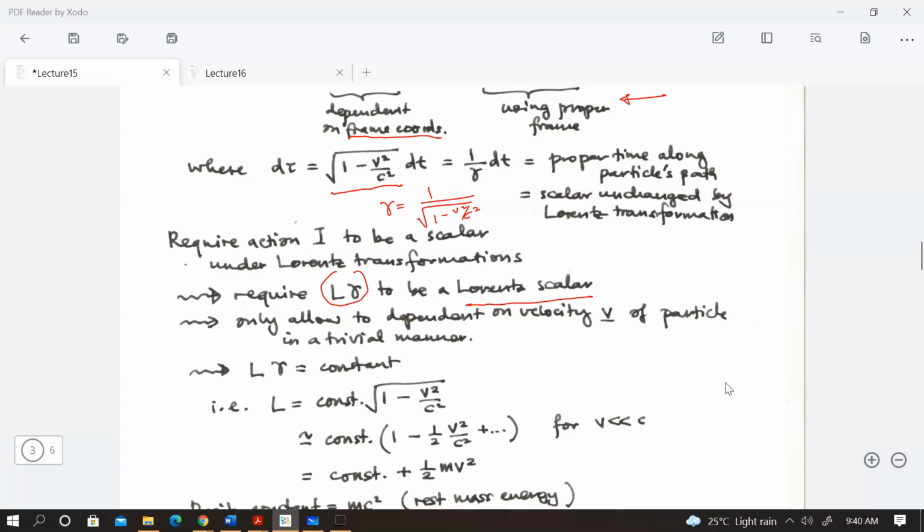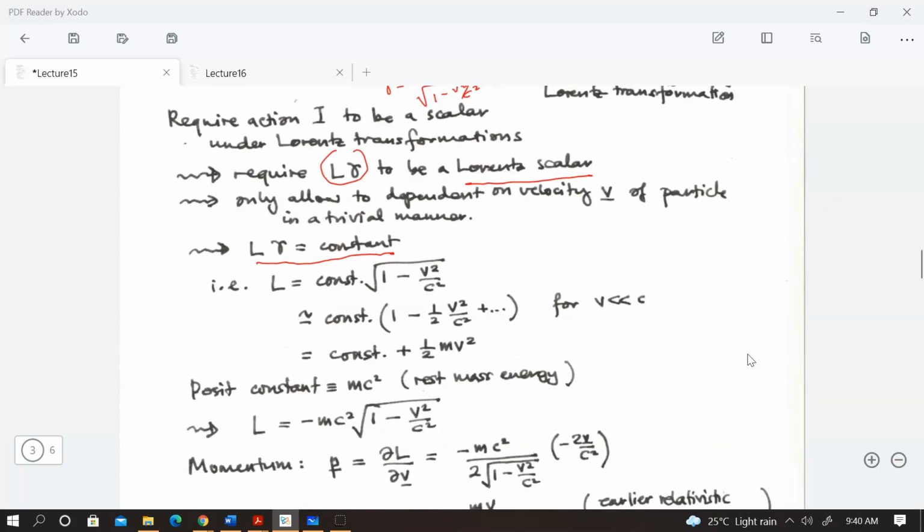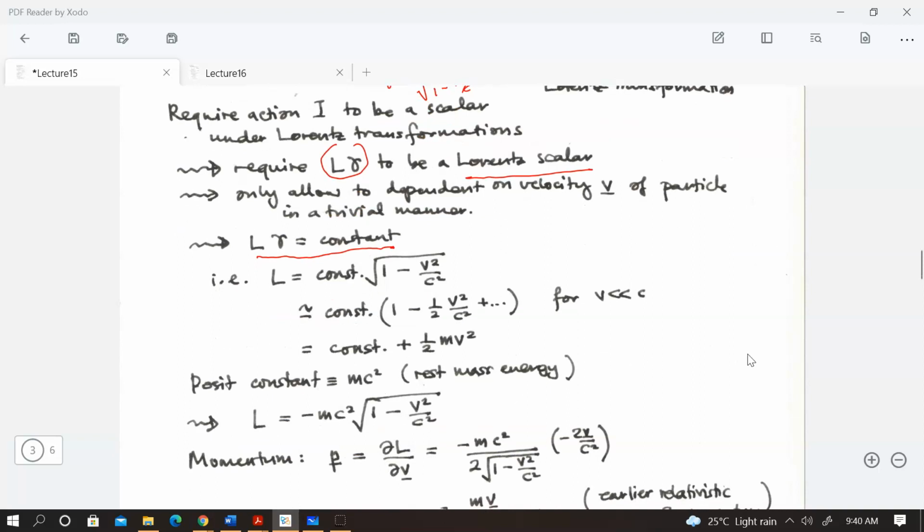An easy way to do this is just to say that your L gamma is going to be constant over here. And this should be able to work. Then your Lagrangian will be equal to that constant, whatever this constant is supposed to be at the moment.